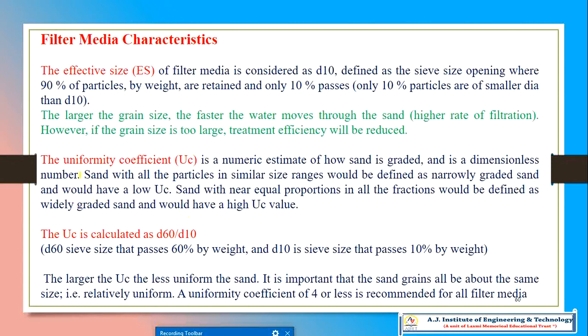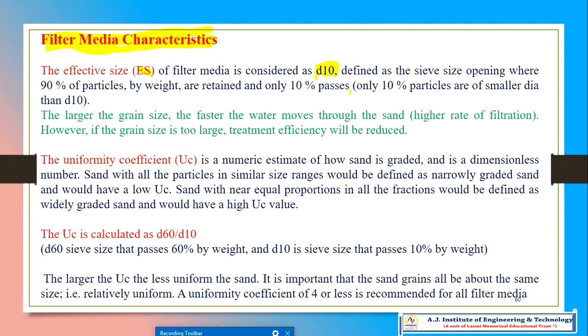If you consider now filter media characteristics, one characteristic is the effective size, ES. The filter media is considered as D10. What is effective size? I explained in the slow sand filter explanation. That is defined as the size opening where 90% of the particles by weight are retained and only 10% of the particles pass through.